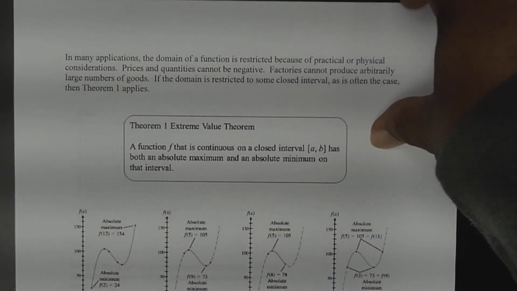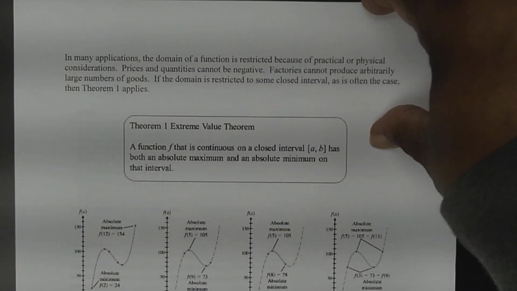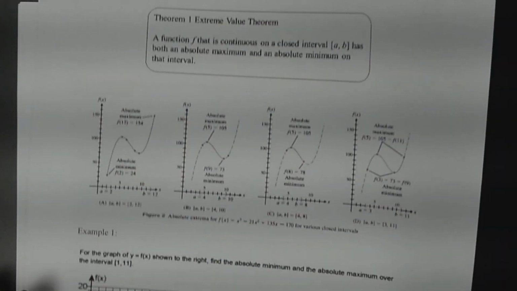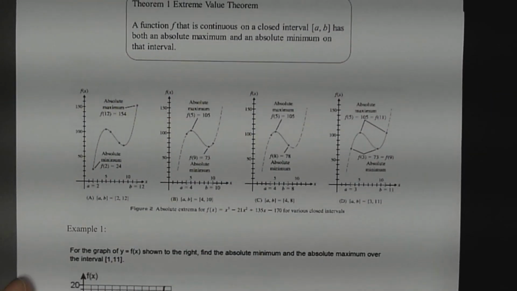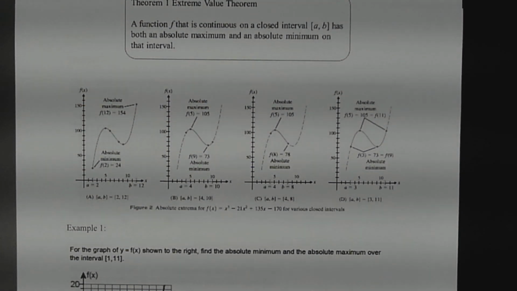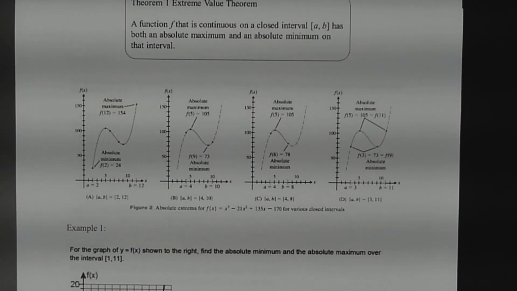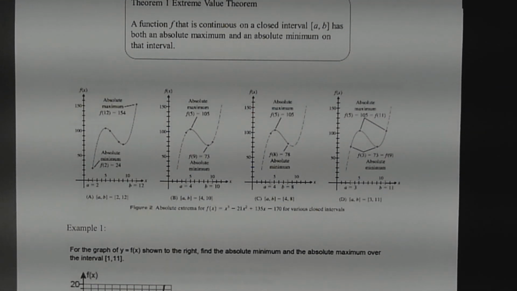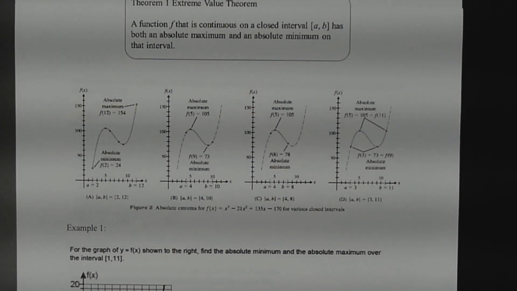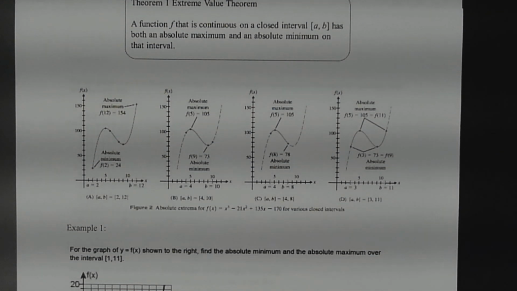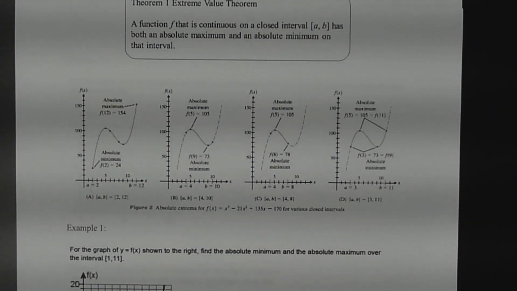So like in these illustrations here for the absolute extrema, if I can get to the paper, okay. So in this case here, you'll see what those absolute maximums and absolute minimums will be for each graph. And this is for the function f of x equals x cubed minus 21x squared plus 135x minus 170.